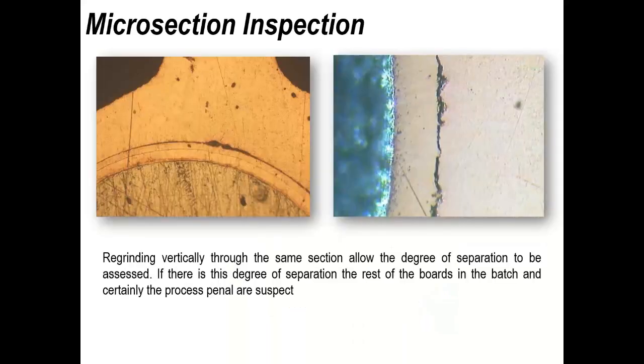So in this particular case, you can see here that on the left-hand side, that difference in appearance, that gap, is present in one plane, and it's not so obvious as you go round the hole. But on the right-hand side, you can see the separation on this example, where the inner layer copper has a definite gap all the way, or pretty much all the way around in the field of view of the photograph, to the plated copper.